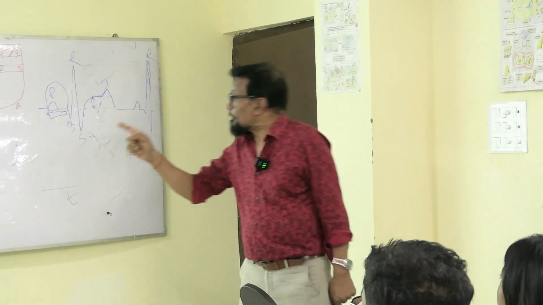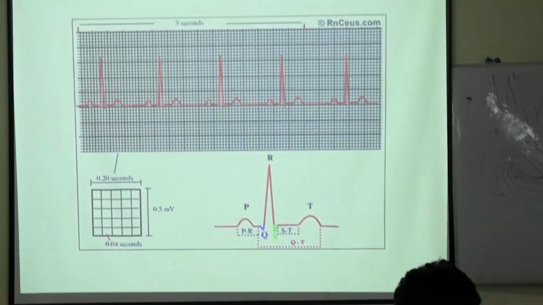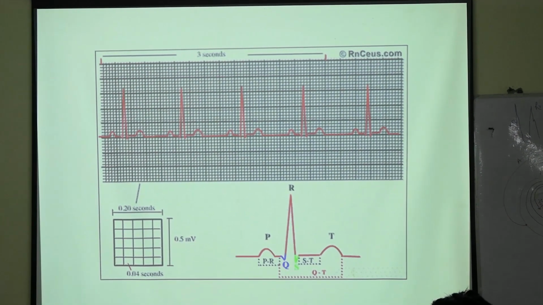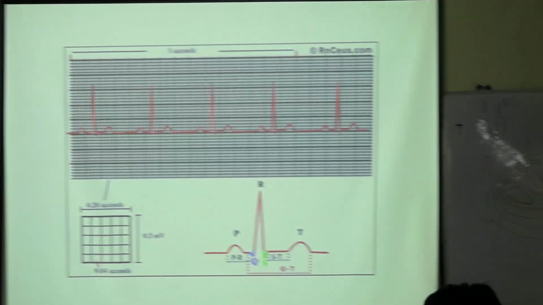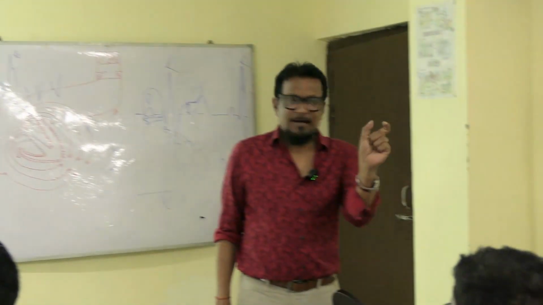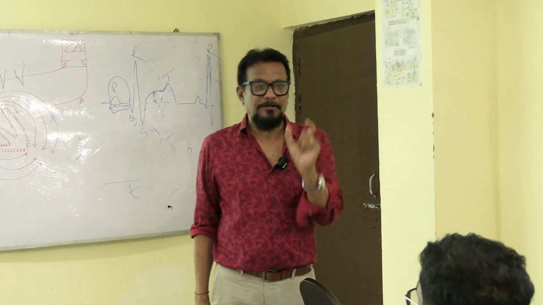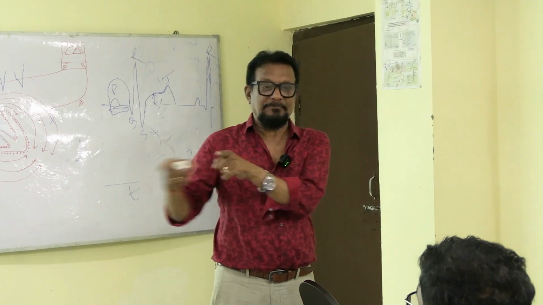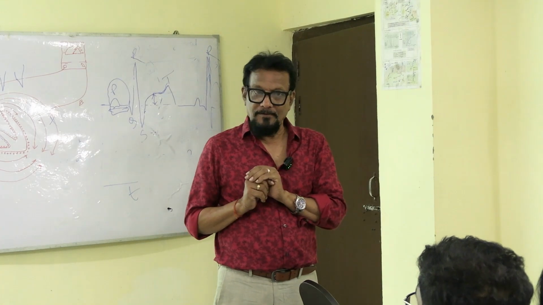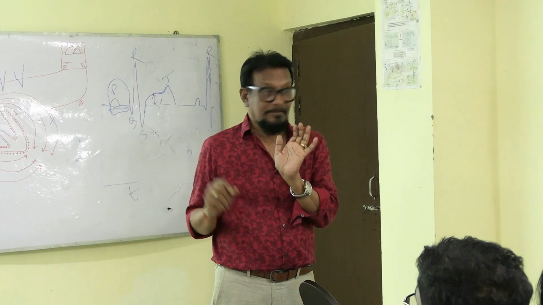So you can determine different durations and different intervals. What are intervals? In an interval, one duration must be there, or more than one duration, plus some additional time, or a segment.